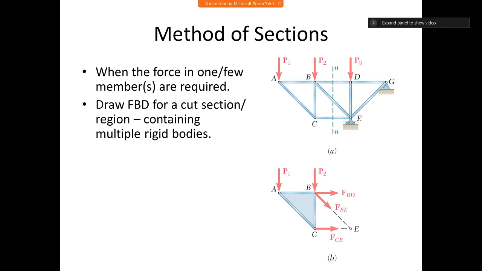Suppose I have got a truss shown in this top figure A, and we want to find forces in some members. So what we will do, we will take a cross sectional cut, let us say NN, and along this cut section we take this portion out.